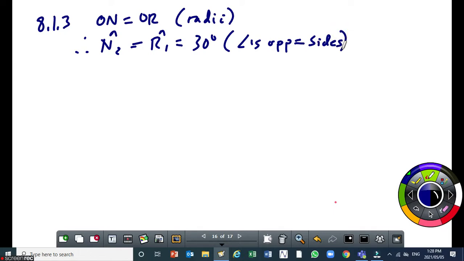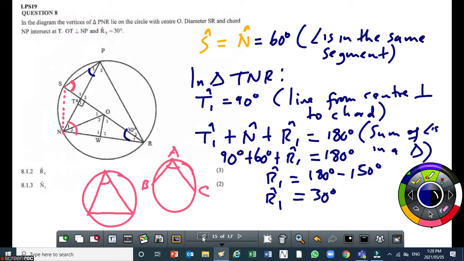Now once I get the size of N2, I already know that T1 is equal to 90 degrees. So if I add T1 plus N1 plus N2 plus R1, that's one way of doing it. But the shorter way would be, I know the size of the whole angle N1 plus N2.